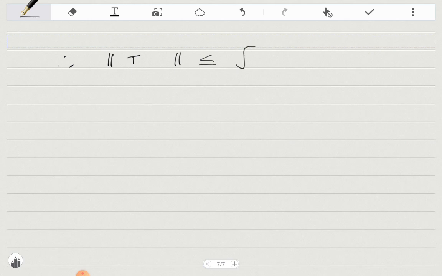So this will be less than or equal to the square root of the summation of Tij squared over i and j.